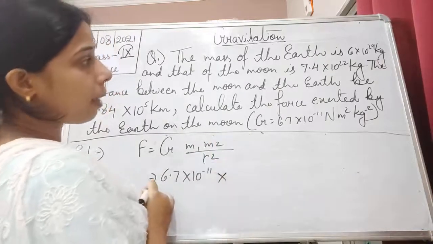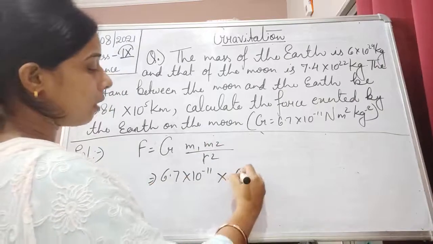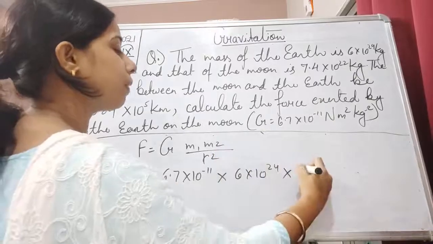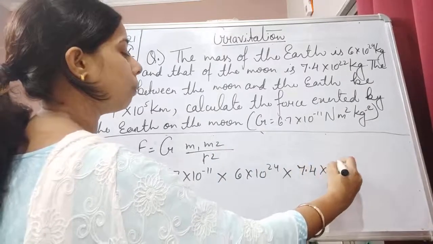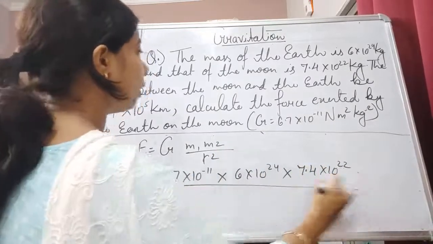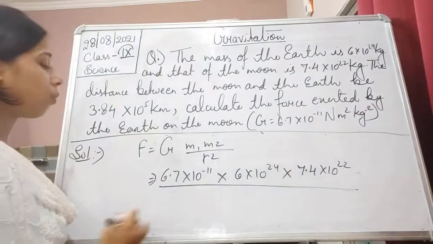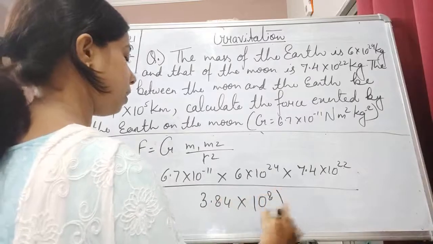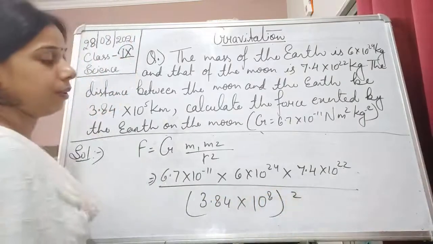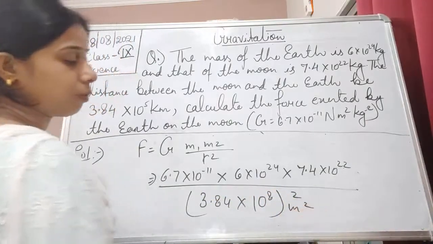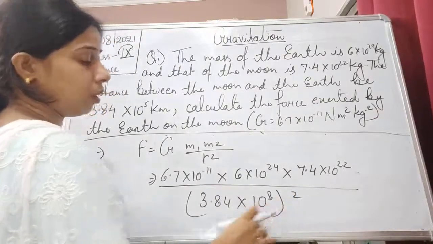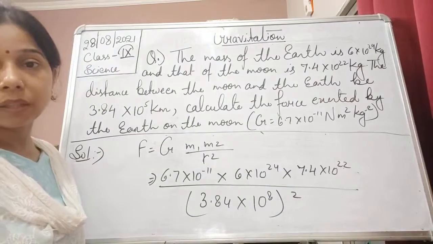Into mass m1, that is 6 into 10 the power 24, into mass of the moon, that is 7.4 into 10 the power 22, divided by r square. r square is 3.84 into 10 the power 8, the whole square, meter square also. Since we are not writing the units here, in a question it is very important to write the unit though.